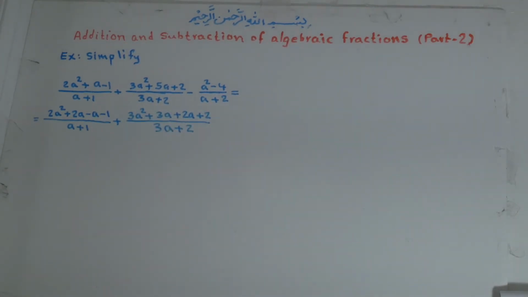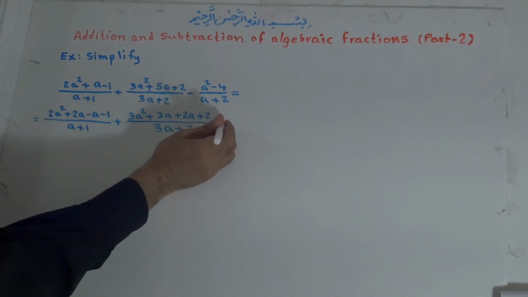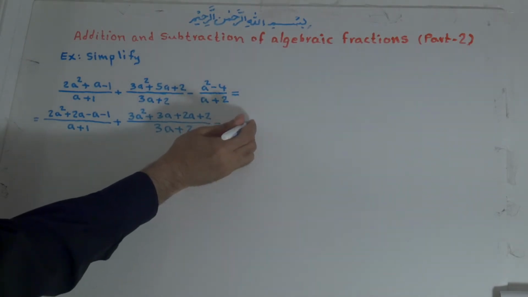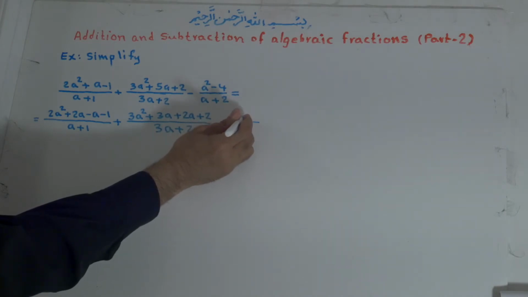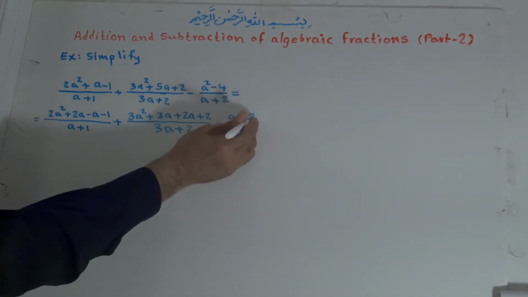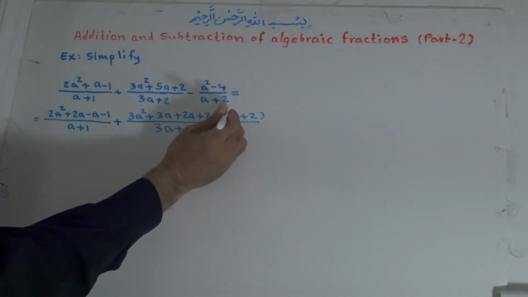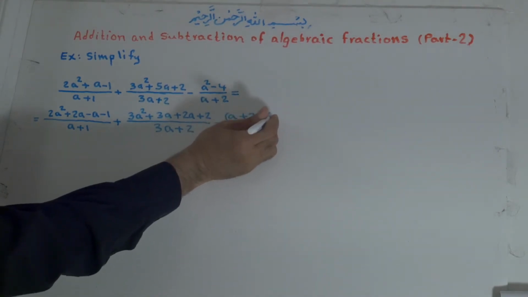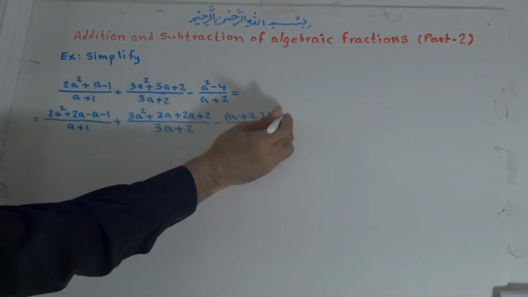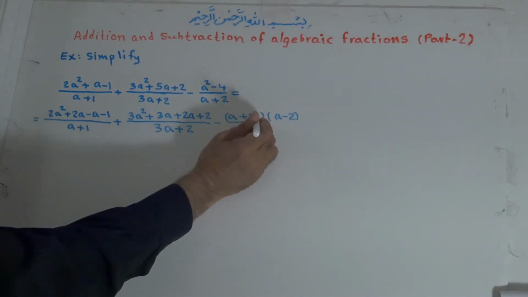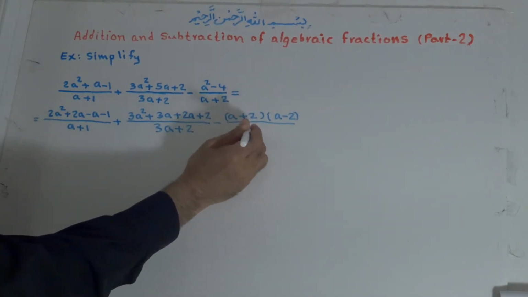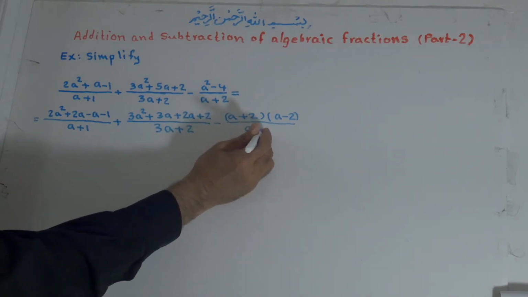And the third one is in the form of a² − b², that is (a + 2)(a − 2)/(a + 2).